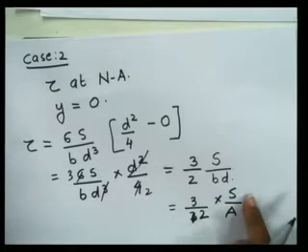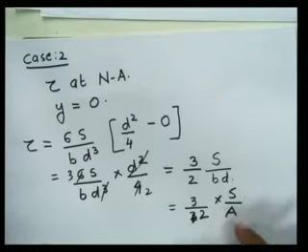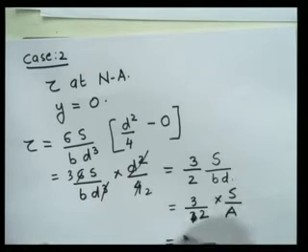And what is S upon A? S is nothing but the shear force, and A is area. So what is force upon area? Force upon area is nothing but tau average. So I can say 3 by 2 tau average.